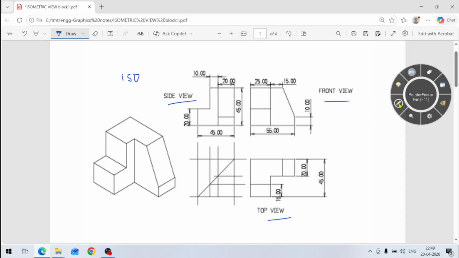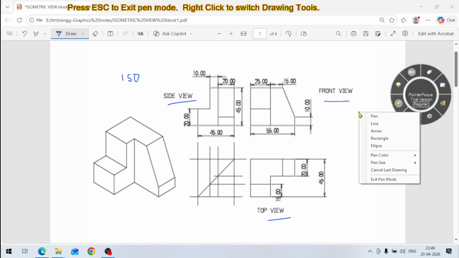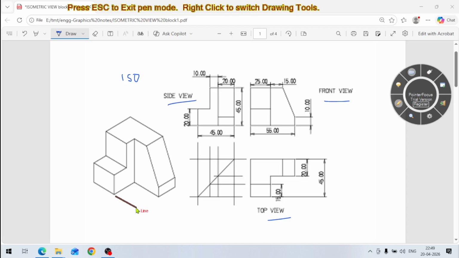What I have to do is, first of all, draw some lines here. I have to draw one line from this point parallel to this, like this, and one line from this point, it should be parallel to this, like this.